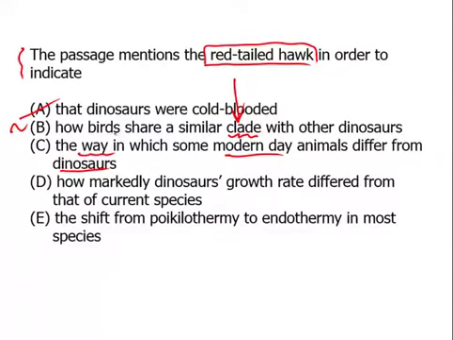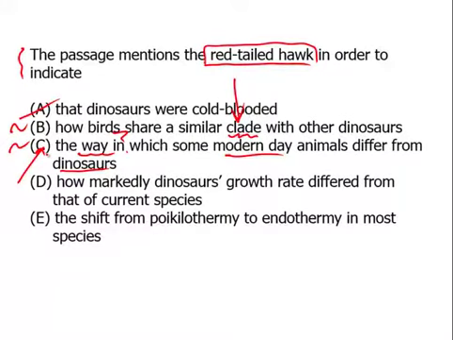The word 'way' is a little general. Now, you may not be 100% sold on this being a wrong answer, and that's fine. Leave it there. When you find an answer that matches much better the answer you came up with after reading the passage, then you can circle that with confidence. What you don't want to do is sit here on C and start convincing yourself that it is right.